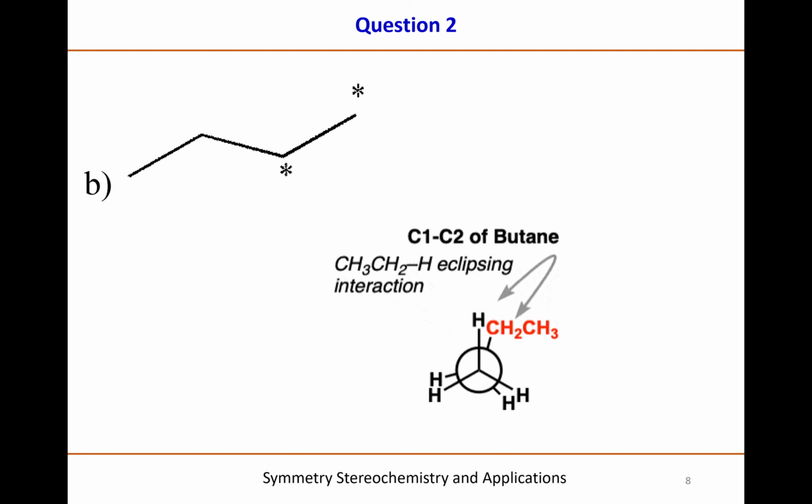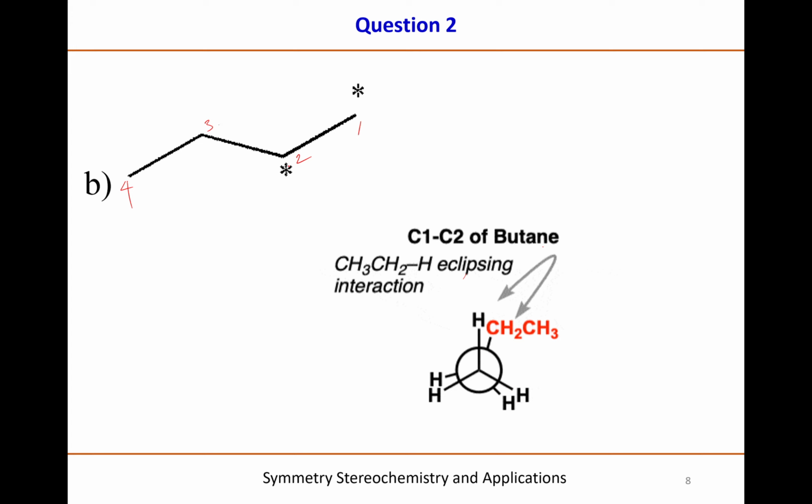Next question. Here again we have the same molecule, but we have to take the carbon 1 2 carbons instead of 2 3. That time we were taking these 2 3 carbon atoms, right?